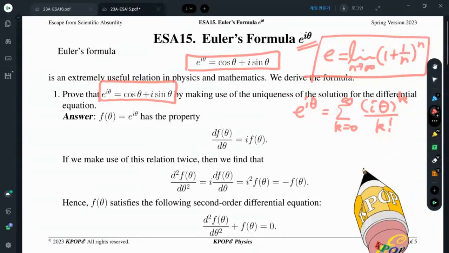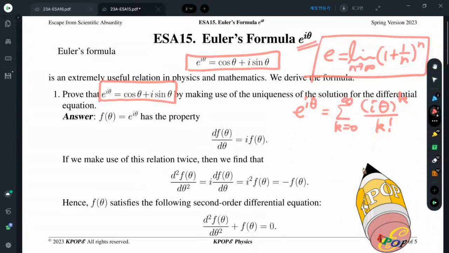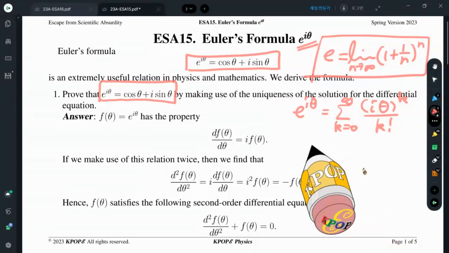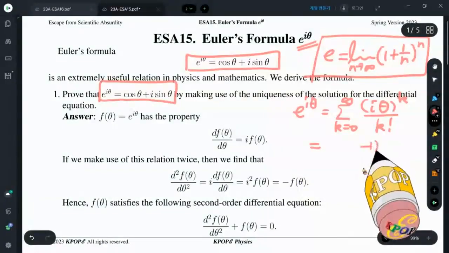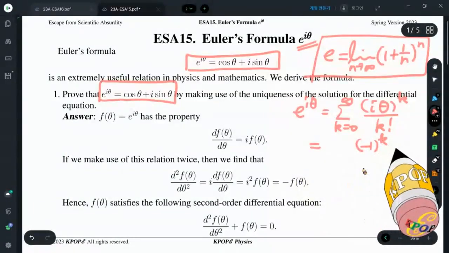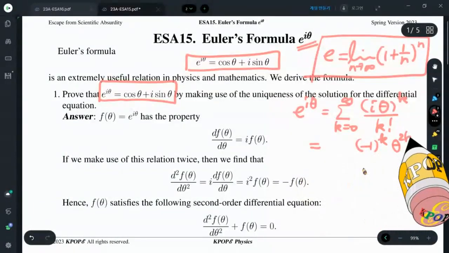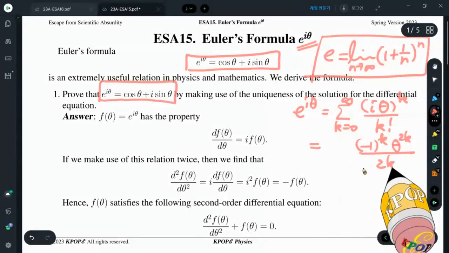Even powers and odd powers are collected separately, and even powers become this kind of form.